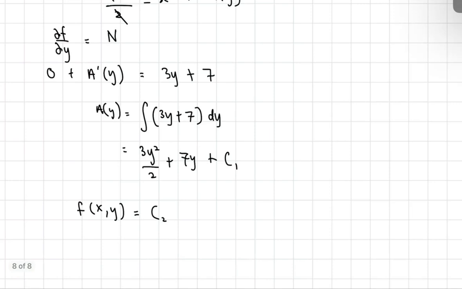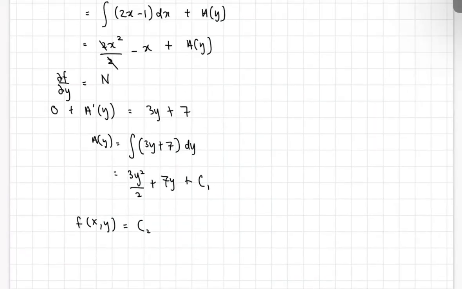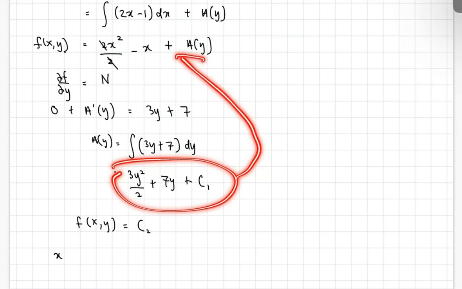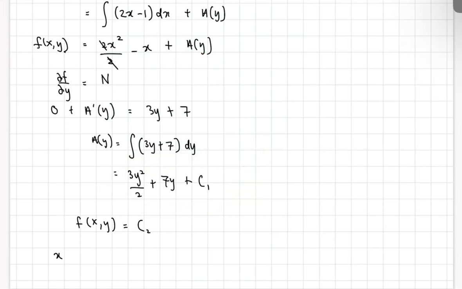So we write back f(x,y): this is our f, and the unknown function A(y) is this one. Combining them, we have f(x,y) equal to x squared minus x plus 3y squared over 2 plus 7y.